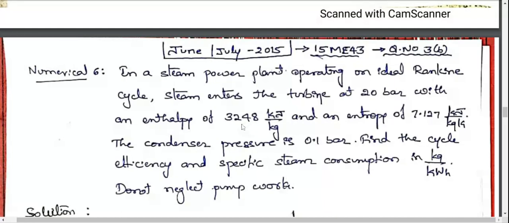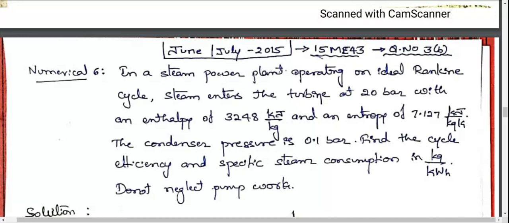He has given the enthalpy value, but he has not given any word dry or superheated or wet. Then the question is how to identify which case it is, whether superheated steam is entering the turbine or dry steam or wet steam.